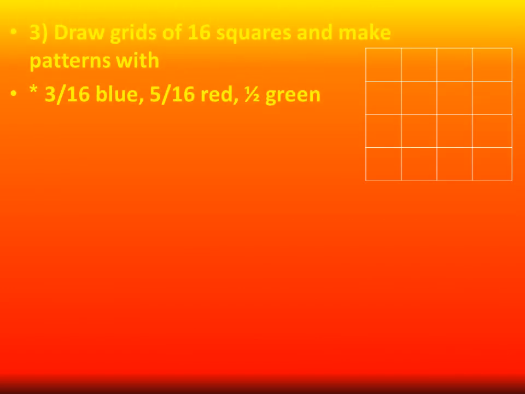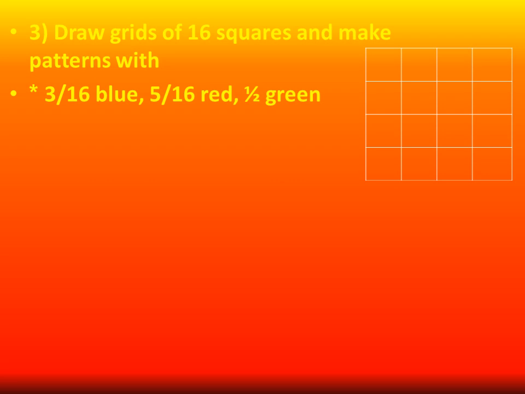Draw grids of 16 squares and make patterns with them. So they said first you have to draw a grid. You have to divide it into 16 equal squares. They should be equal. And then they said you have to color 3 upon 16 blue, 5 upon 16 red, and half green.